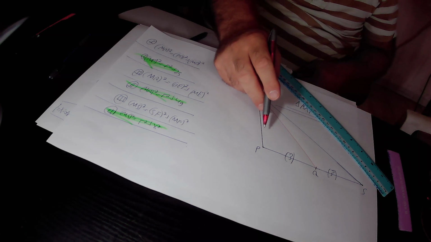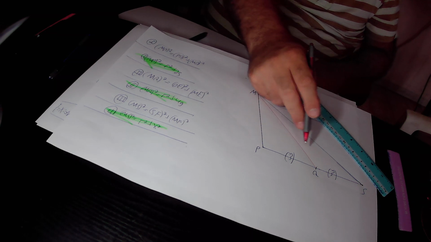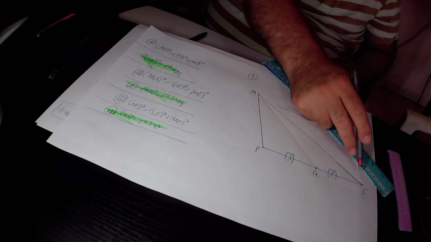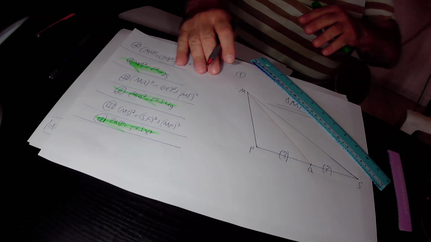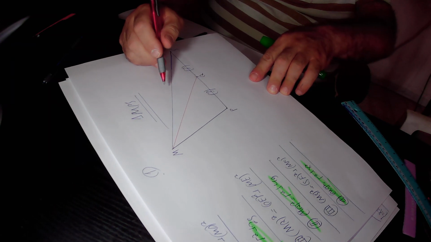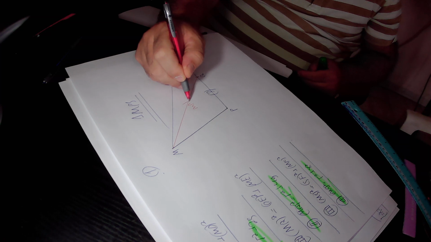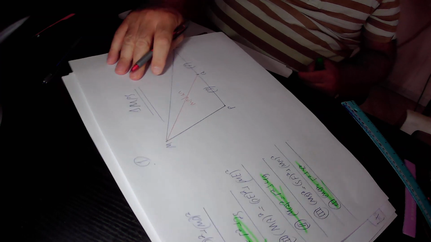That is to say, it divides side PS into two halves. Each half equals 3. PQ equals 3 and QS also equals 3. Therefore, MQ is defined as a median of triangle MPS. Repeat again.